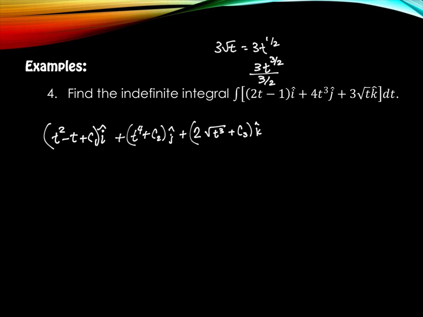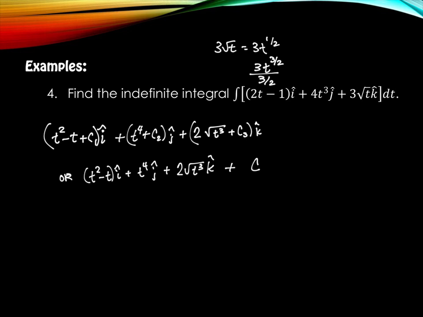Okay, there's one other way you could write this. So we could do t squared minus t i plus t to the fourth j plus 2 square root of t cubed k.